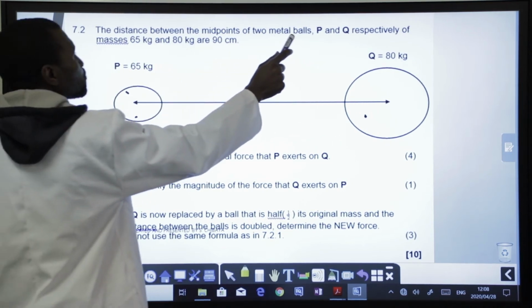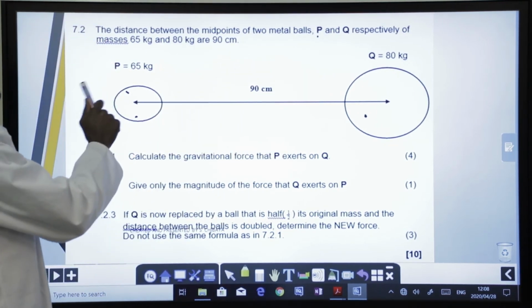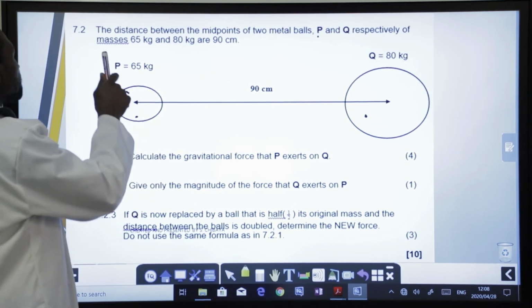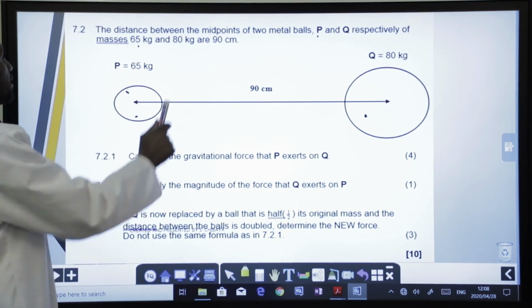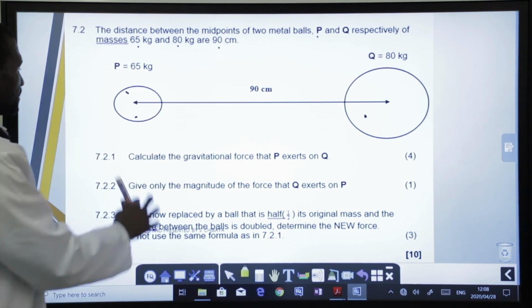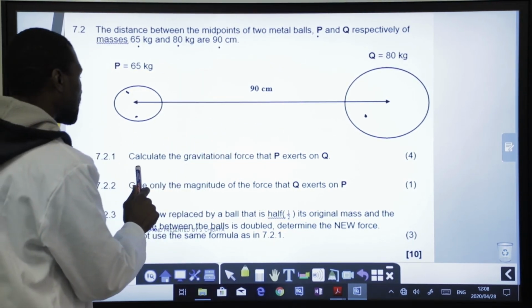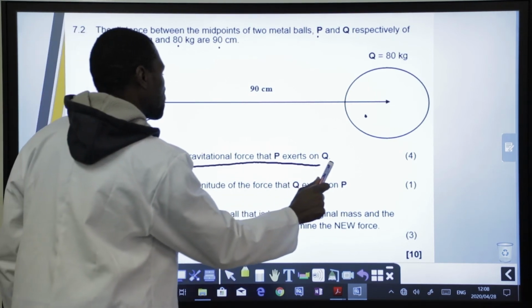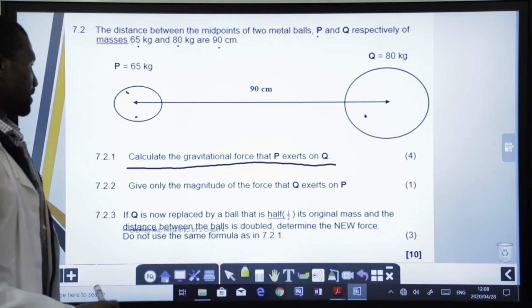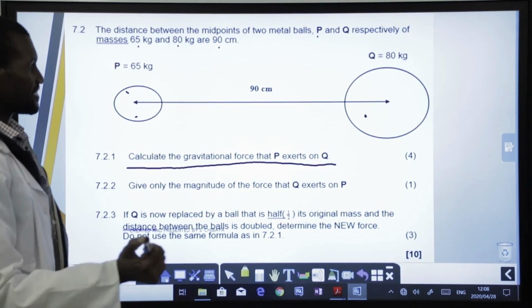The distance between two metal balls, P and Q, represented respectively of masses 65, that's P, 80, that's Q, 90 centimeters from each other, shown in the diagram. The question says, calculate the gravitational force P exerts on Q. I think that's straightforward.